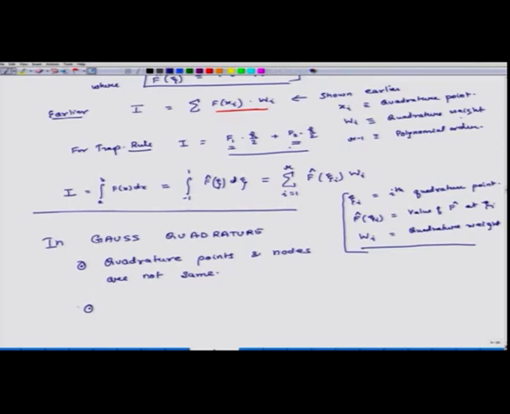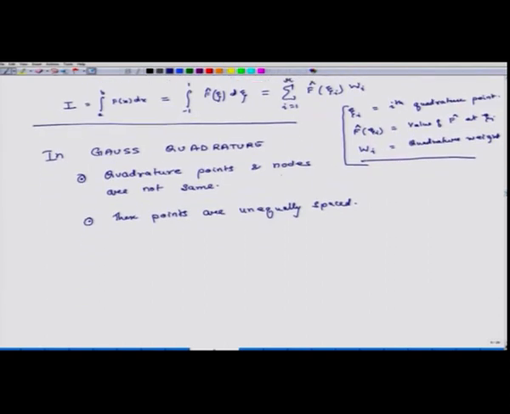Second is these points are unequally spaced. Okay. We'll show that. I'll give you some examples. We'll show that they are not equally spaced. Okay.